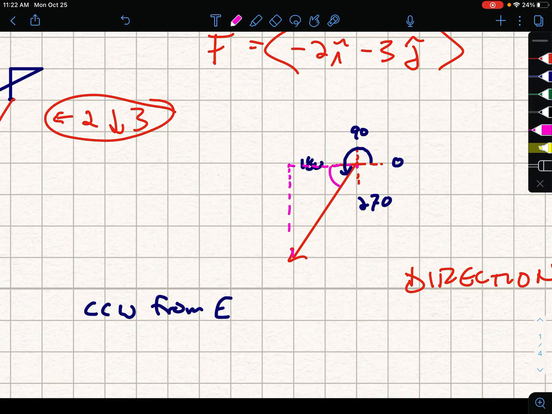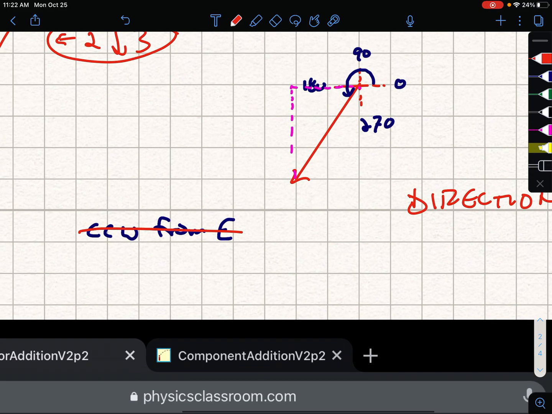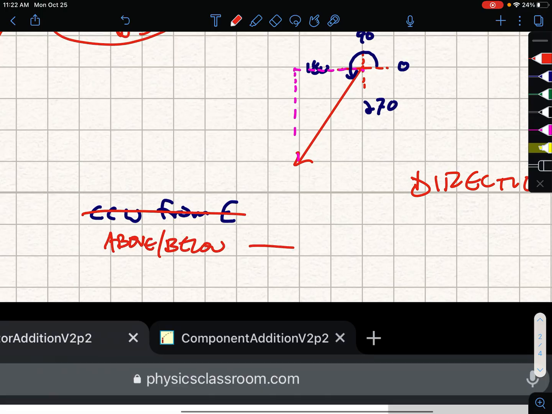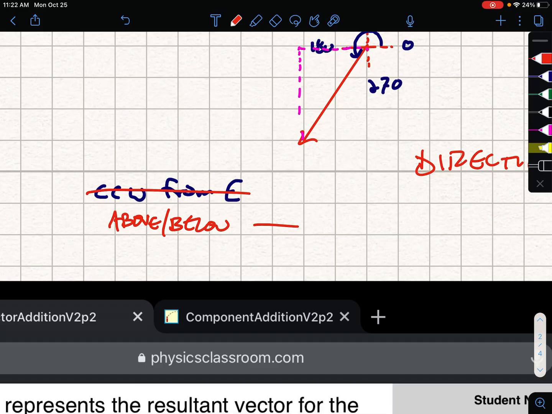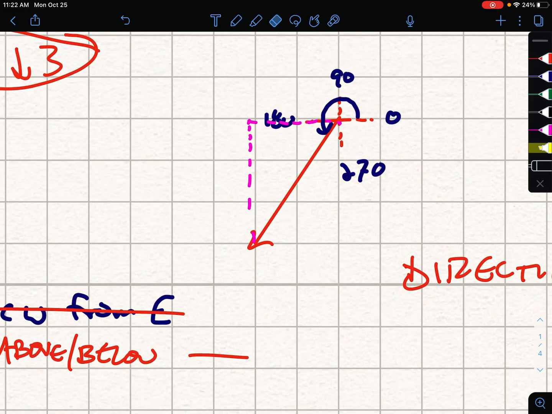That's fine. Sometimes what's going to be more useful for us in physics, though, is not to describe counterclockwise from the east, but we're just going to describe above or below the horizontal, or we might say something like right or left of vertical. In this particular case, instead of describing that angle, I would just say it's going to be this many degrees below the x-axis to the left.